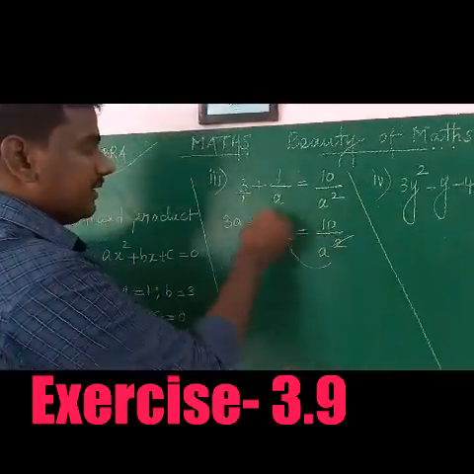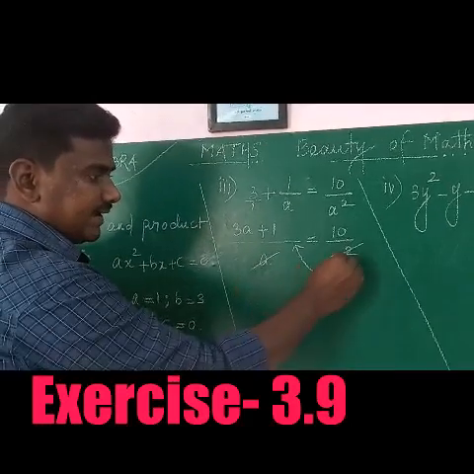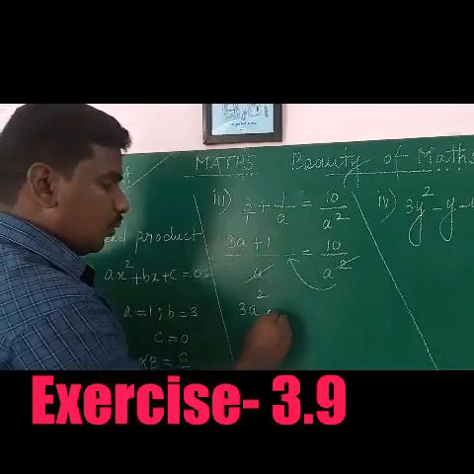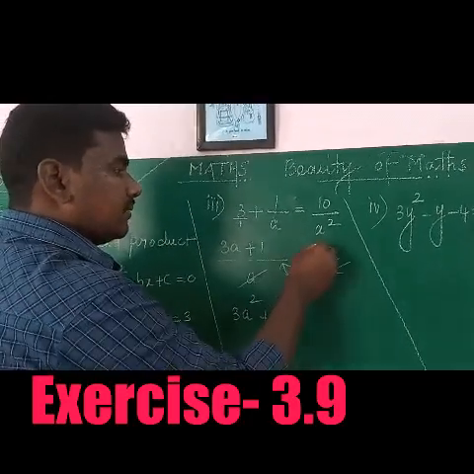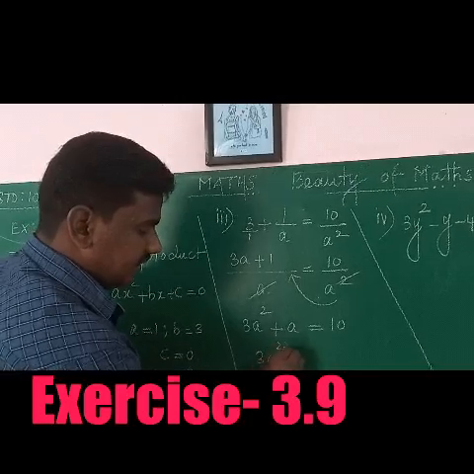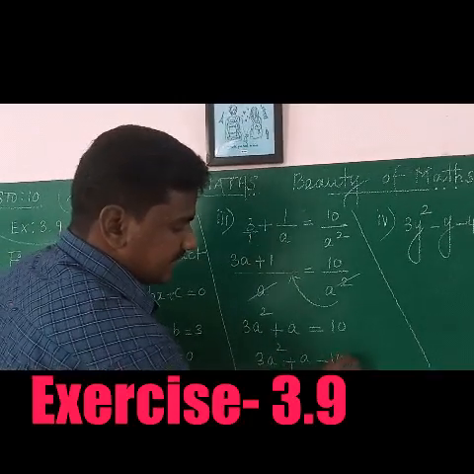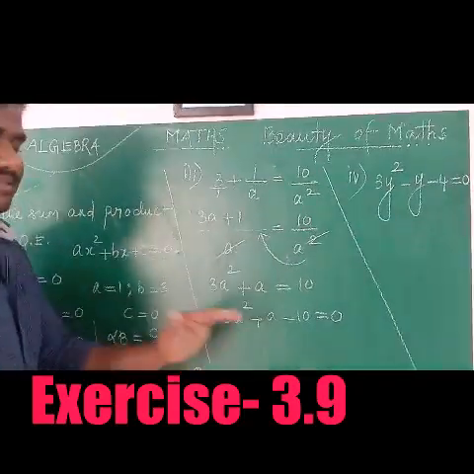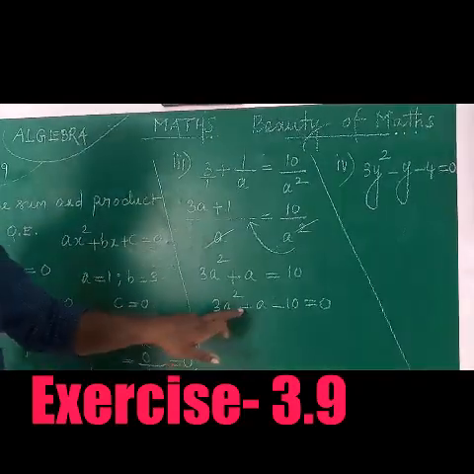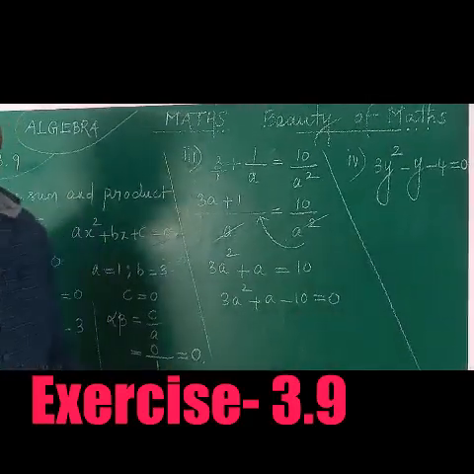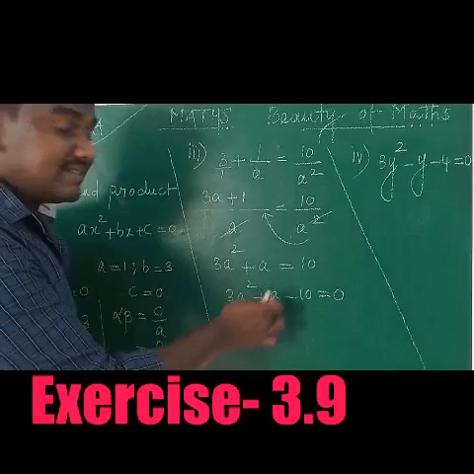Now it should be multiplied to the left hand side. 3a into a, 3a square, and a into 1, a, is equal to 10. So 3a square plus a minus 10 is equal to 0. The plus 10 becomes minus 10. Now it is in the standard form, ax square plus bx plus c equal to 0. The variable of the quadratic equation is a.